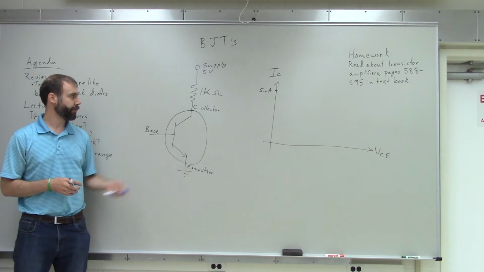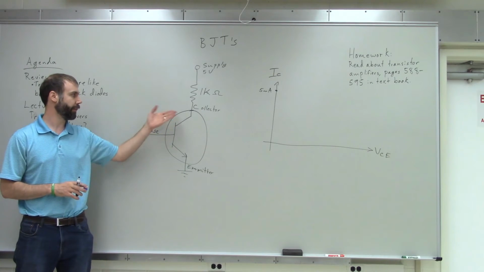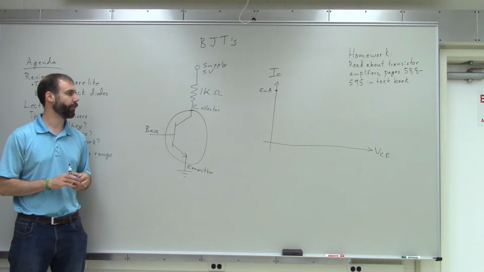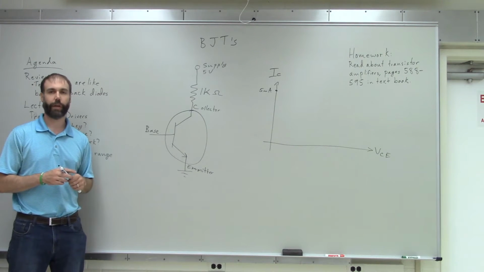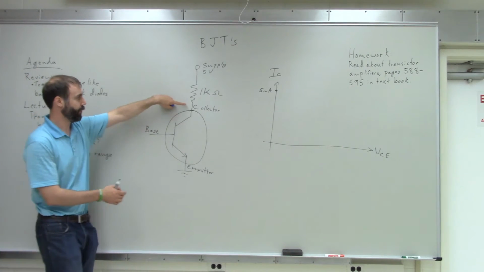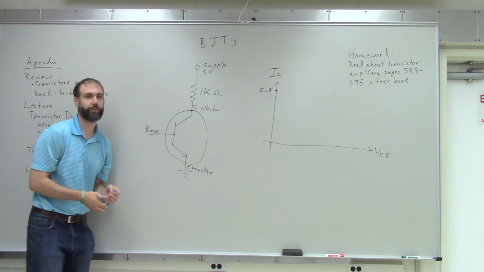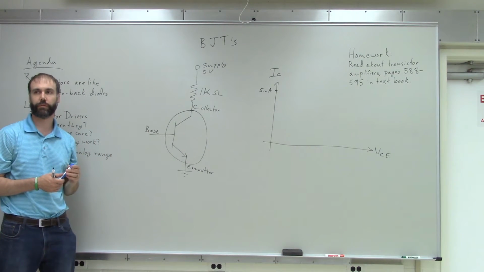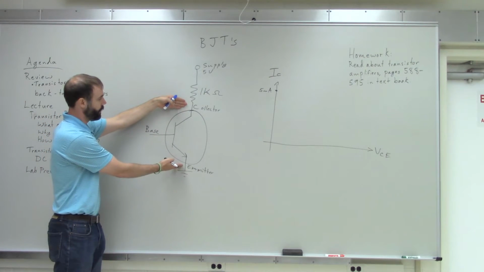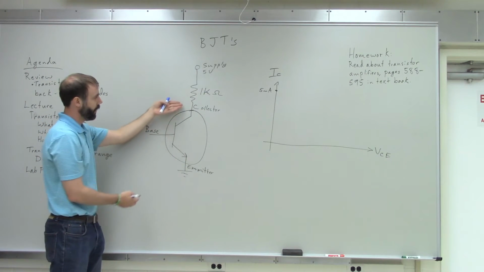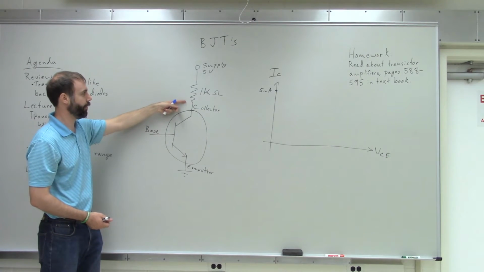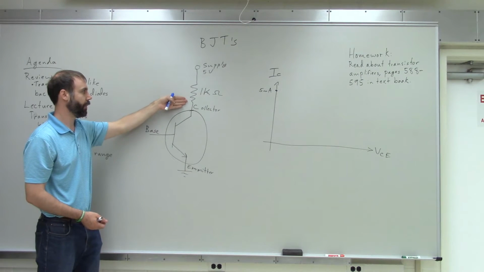What about when the transistor is totally off? It's acting like an open circuit. How much current is going to be flowing through there? Right, no current. And how much voltage would we have between the collector and the emitter? Yeah, 5 volts. Right? This is just acting like an open circuit. So there's no current flowing through the resistor, and when there's no current flowing through the resistor, there's no voltage drop across the resistor.